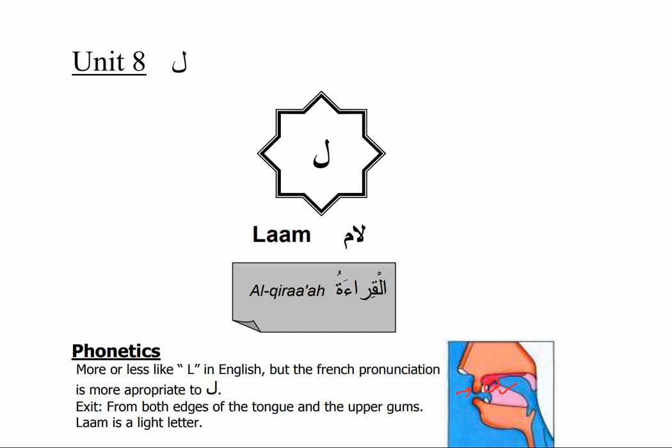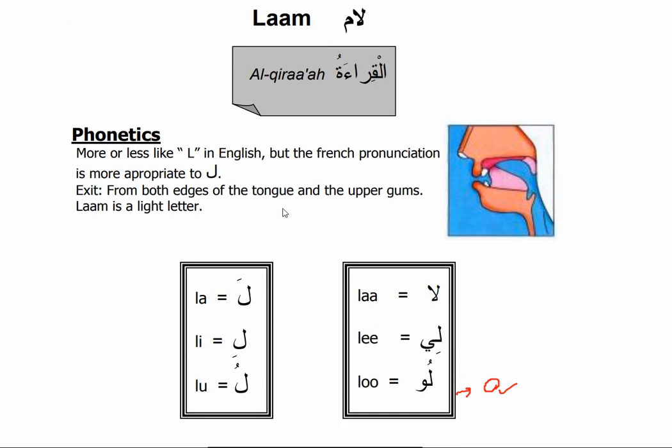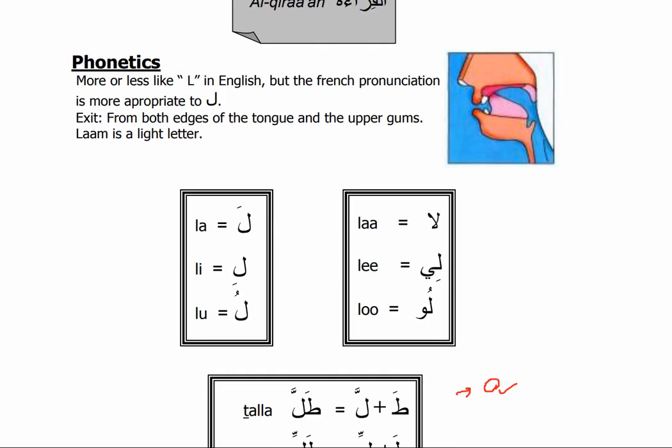So let's see, as we go to learn this letter, you can see lam with fatha and all the short vowels, fatha, kasra and dhamma. Now after doing all the units up till 7, you must know the short vowels and the long vowels.